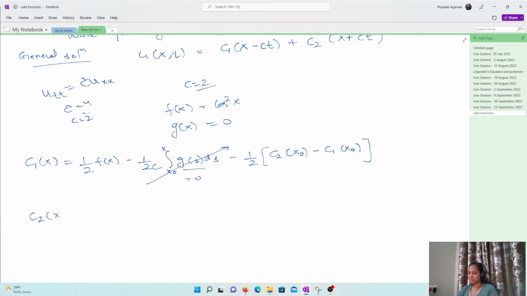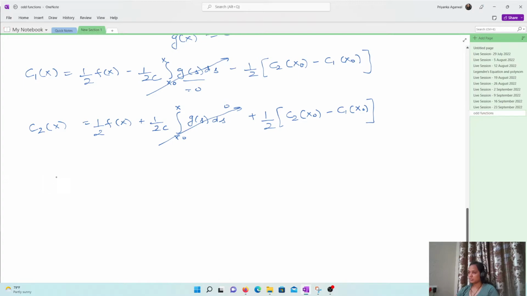Similarly, if you write c2 of x, it will be 1 by 2 f of x plus 1 by 2c, integral from x0 to x of g of s ds. Again this term vanishes. This term is 0 minus plus 1 by 2 c2 at x0 minus c1 at x0. Okay. Now we can just add and get u.